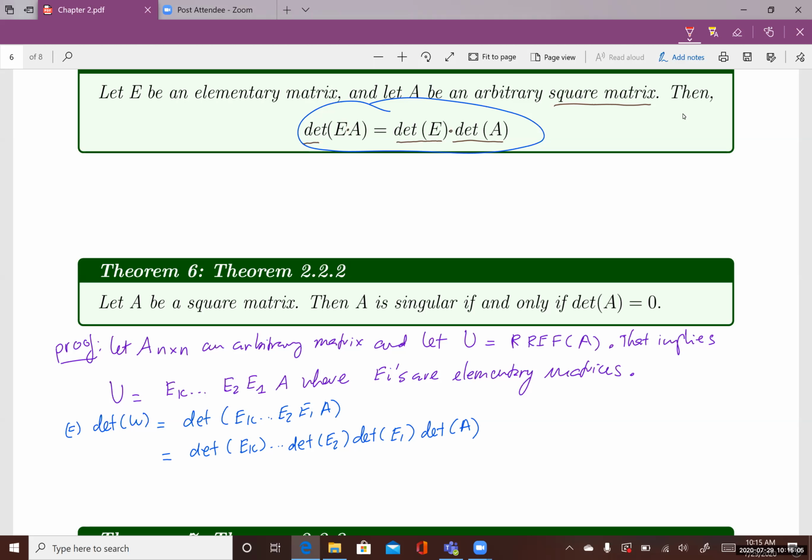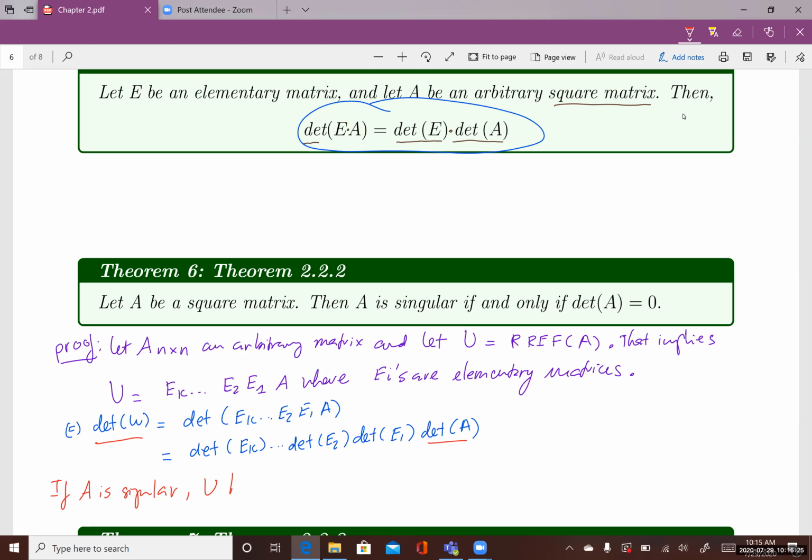If A is singular, then the reduced row echelon form of A should have at least one zero row.